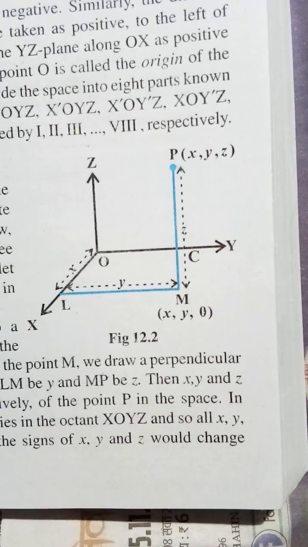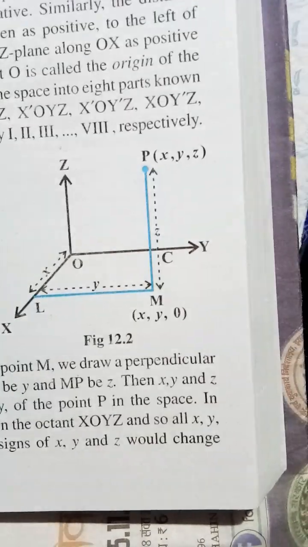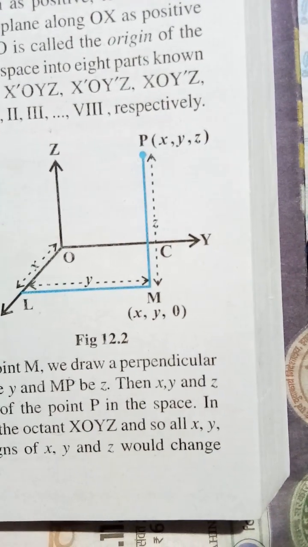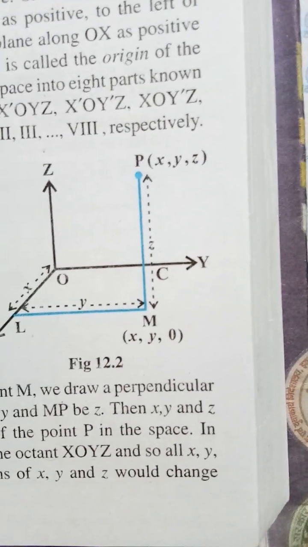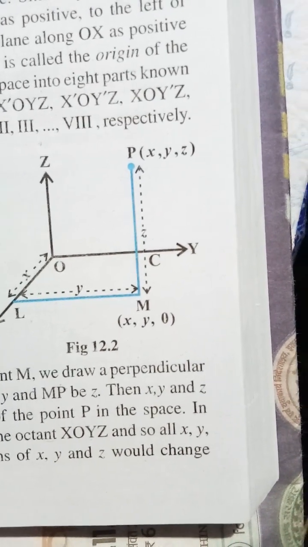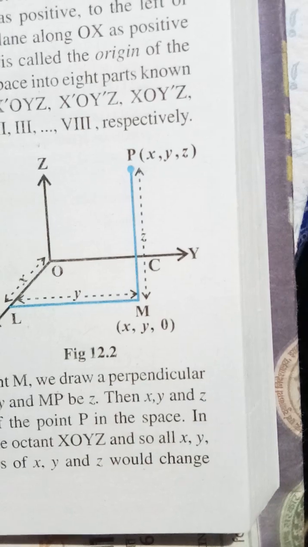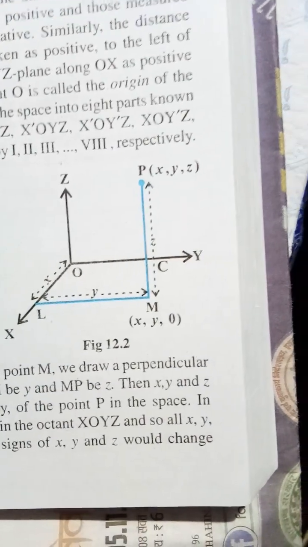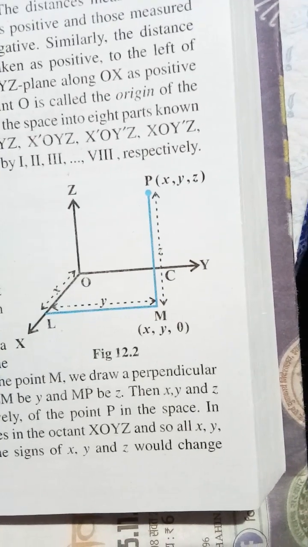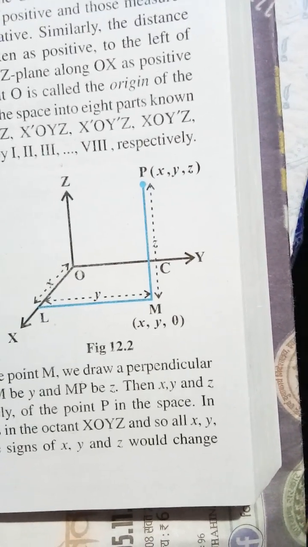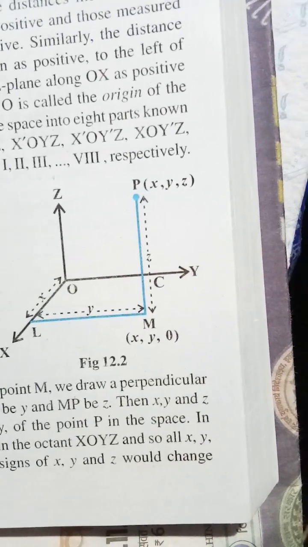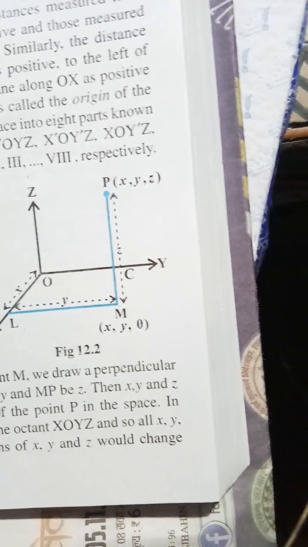Given a point P in space, we drop a perpendicular PM on the XY plane with M as the foot of this perpendicular, as in Figure 12.2. Then from the point M we draw a perpendicular ML to the x-axis, meeting it at L. Let OL be x, LM be y, and MP be z.